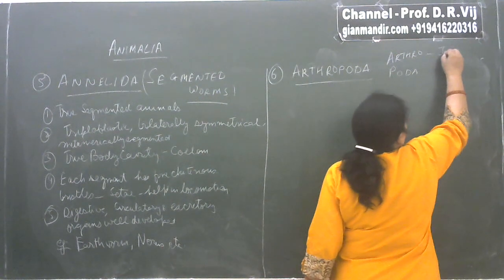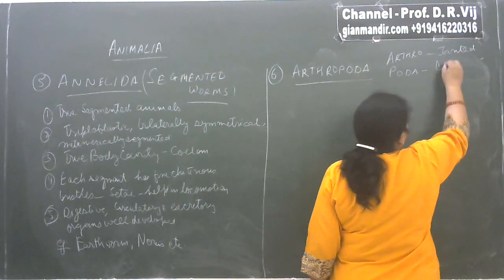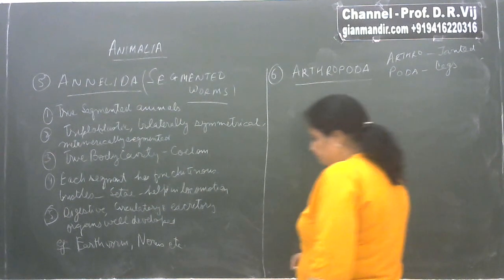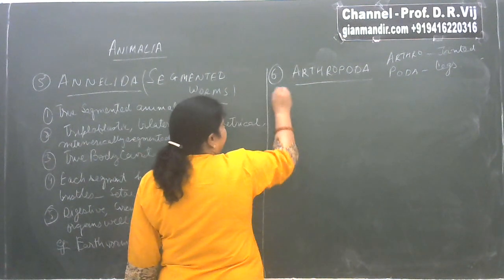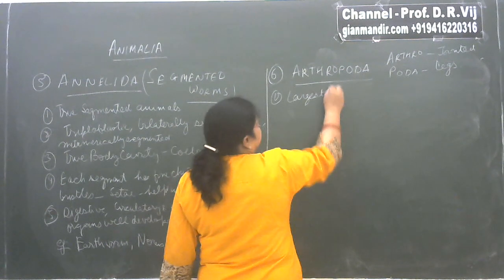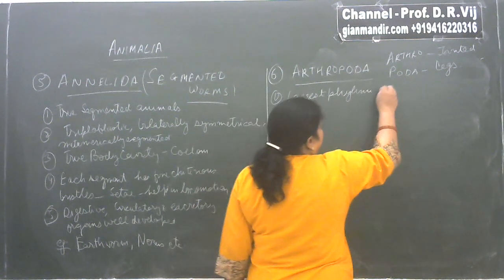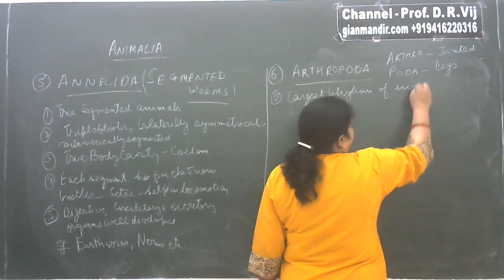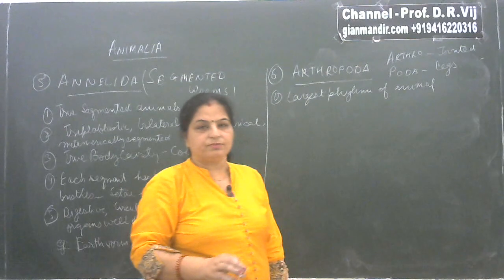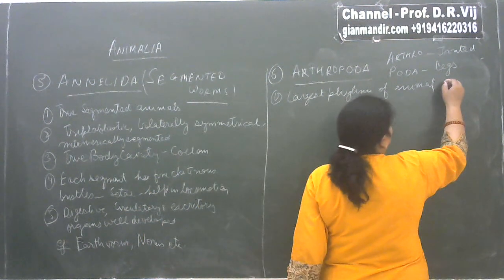Arthro means jointed and poda means legs. As they have jointed legs, it is the largest phylum of the animal kingdom. Almost 80% of the animals belong to the phylum Arthropoda.